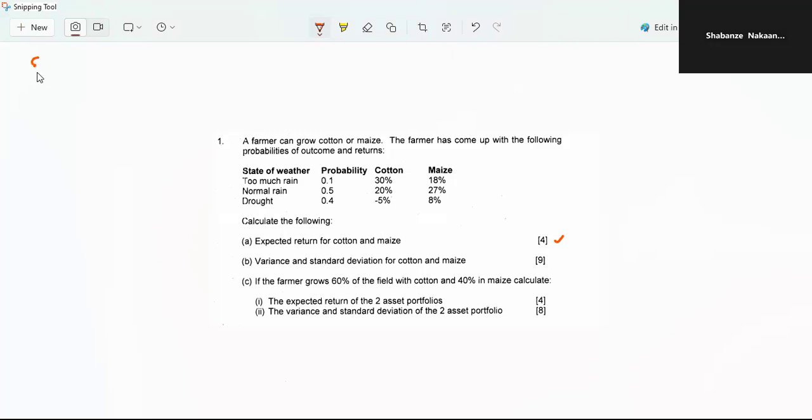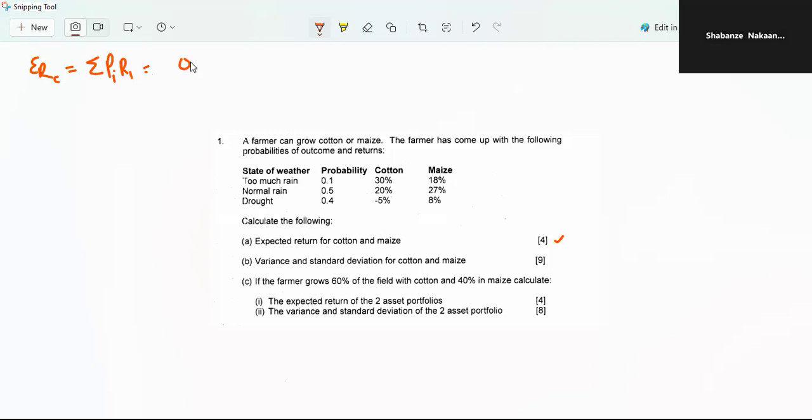So expected return for cotton is simply the summation of the probabilities, Pi at that point, times the return at that point. This simply means that you're just multiplying the probabilities as they are appearing.